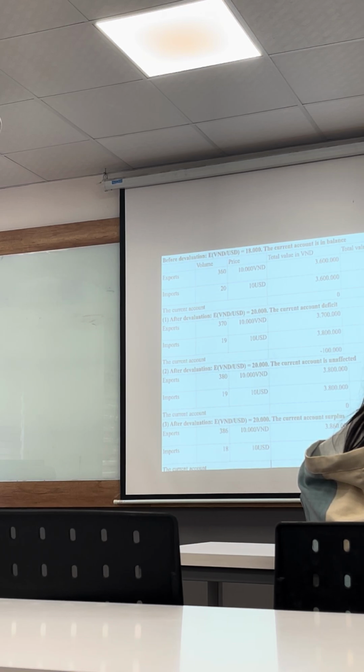And now we devalue the Vietnamese đồng, and 1 USD becomes equal to 20,000 VND. It's a devaluation. And the price of the export stays 10,000. But now you convert the price into USD.